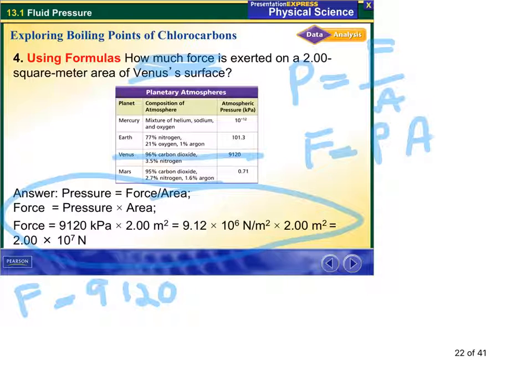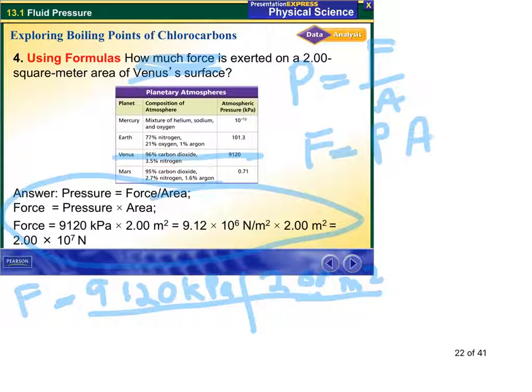And so 9,100 kilopascals, and we want to take that times the area, which is 2 square meters. Now, we don't want to put pascals in here.